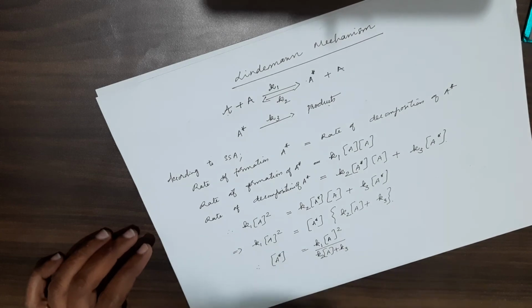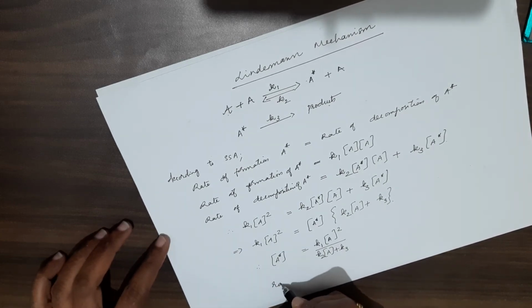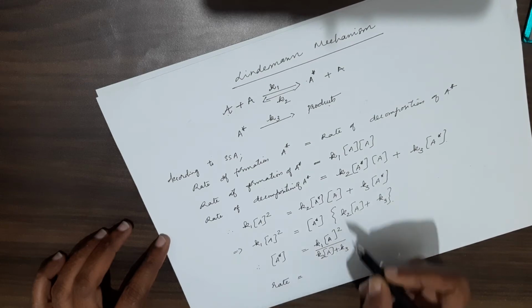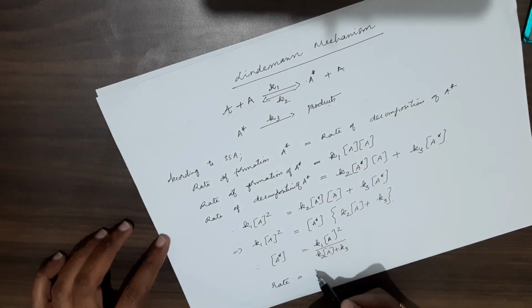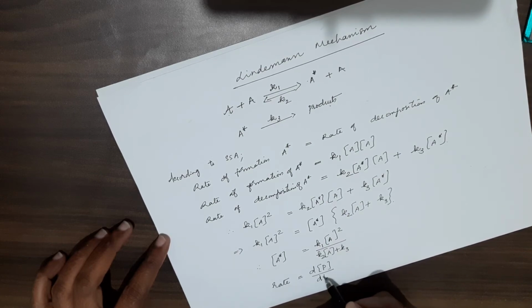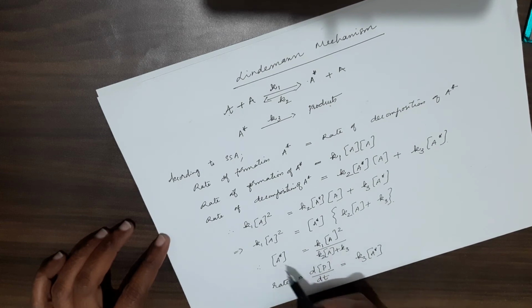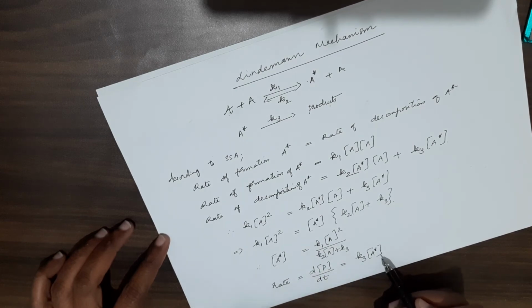so if you consider P as the product concentration, it is dP by dt. This is equal to K3 into concentration of A star. So the rate of this reaction we can express by substituting the value of A star.